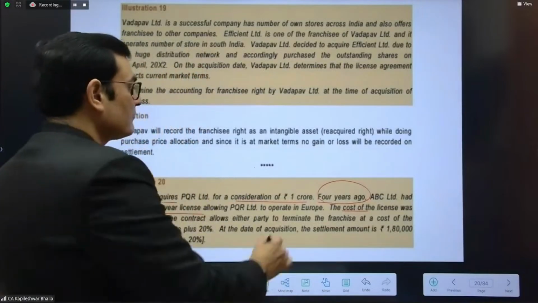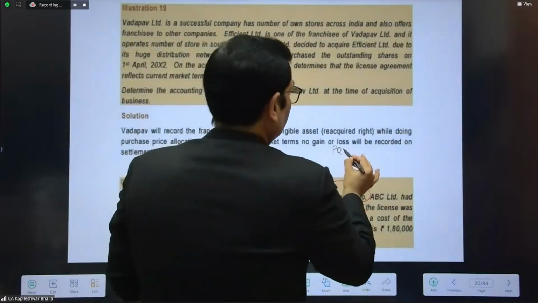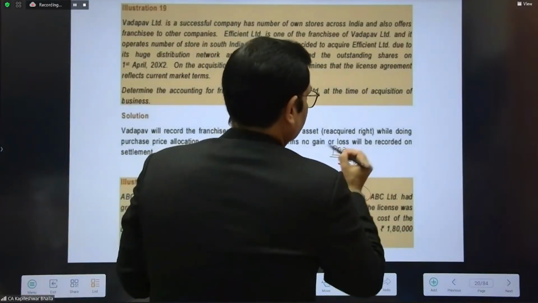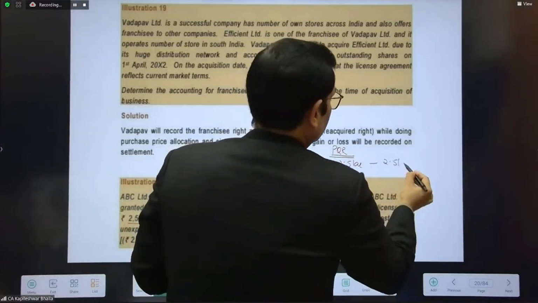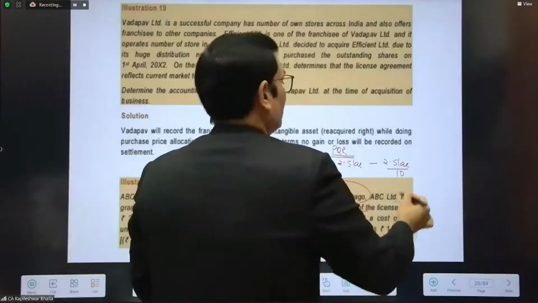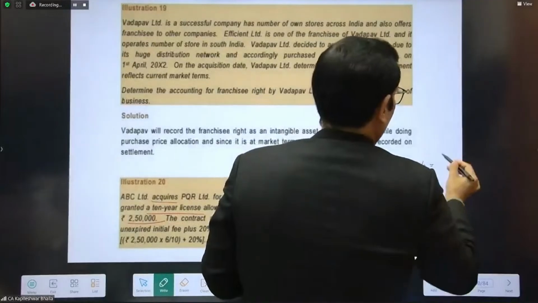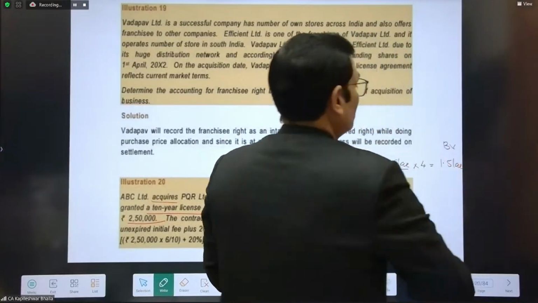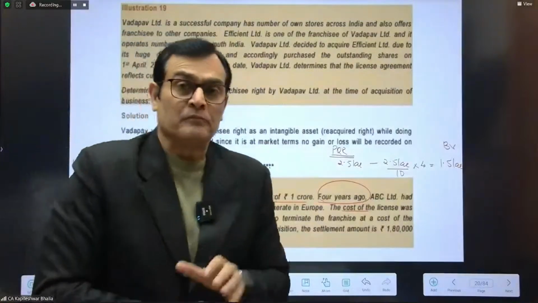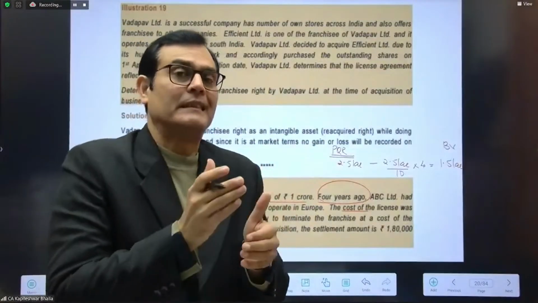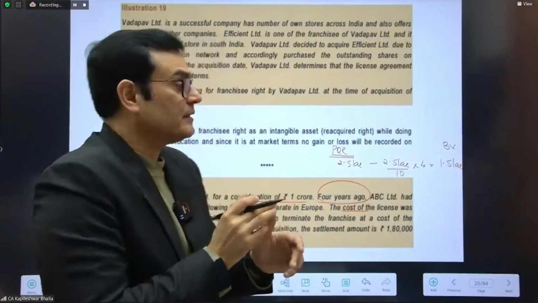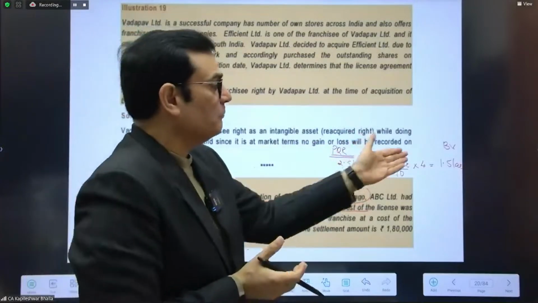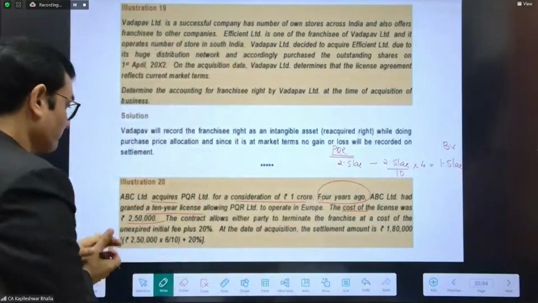I repeat, if I look at the books of PQR, he would have capitalized this as an intangible asset and amortized it based on the contractual life for a period of 4 years so far. So we can say the book value of this right in the books of PQR today is 1.5. He took that right from ABC, capitalized it as per Ind AS 38, amortized it on the basis of the life, and the book value today is 1.5.